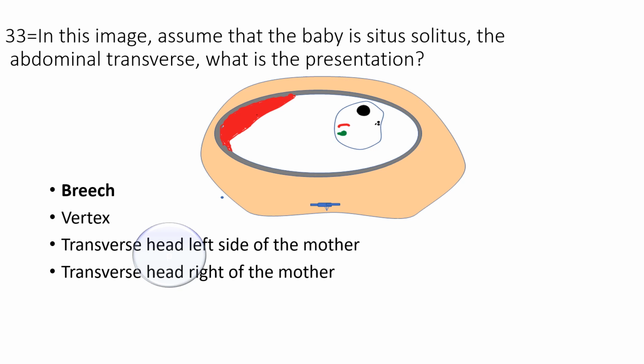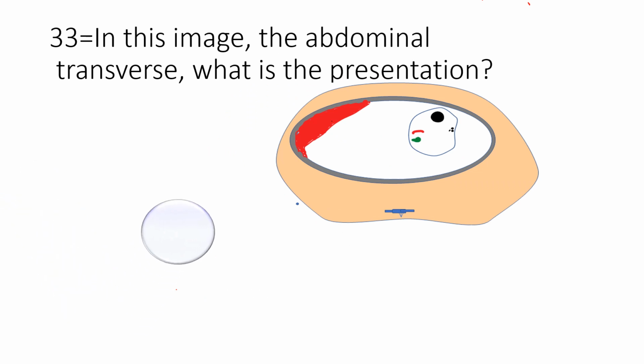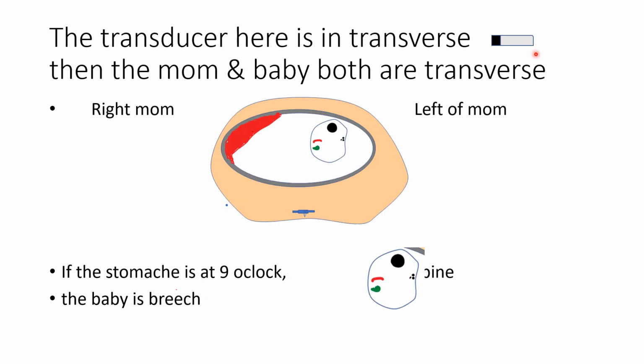Yes, so very good. It is breech. And how do you know that? Here we have the transducer in transverse, mom right and mom left. And the baby is in transverse too. Imagine the spine of the baby, these three spots is 12.